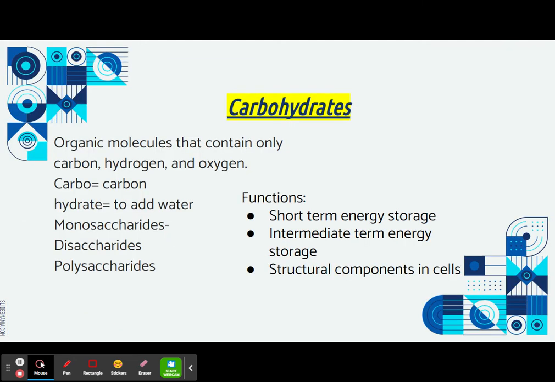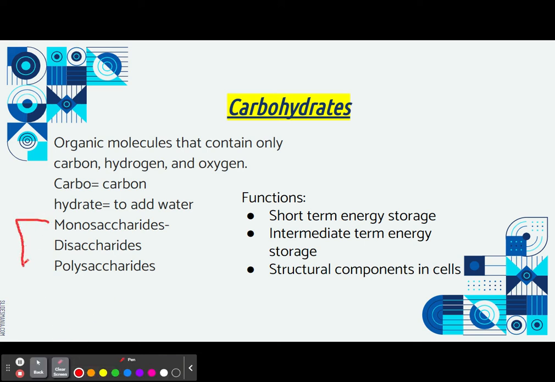So the first ones we want to talk about are carbohydrates. Carbohydrates are organic molecules that contain carbon, hydrogen, and oxygen. It says it right there: carbon, hydro meaning hydrogen, and oxy meaning oxygen. Carbohydrate means carbon plus water. Monosaccharides, disaccharides, and polysaccharides are the ones we're going to talk about.